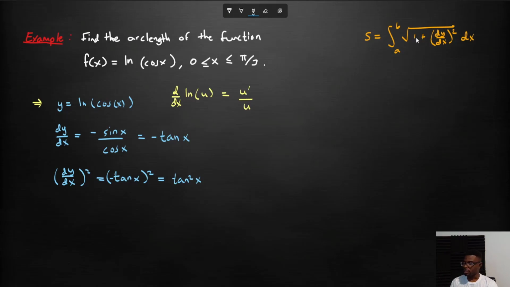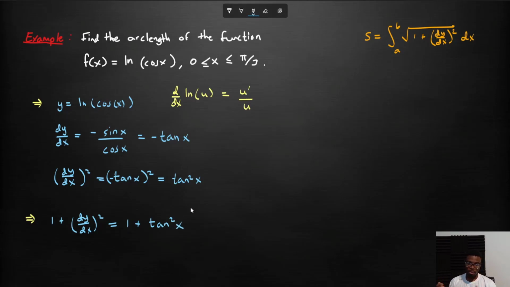The next step is to add 1 to the dy dx squared. So 1 plus dy dx squared is equal to 1 plus tangent squared of x, right?